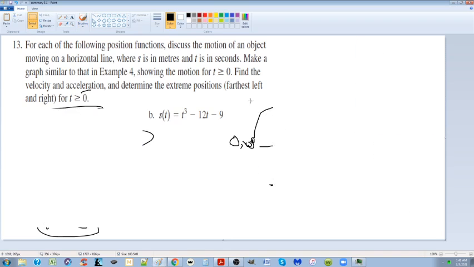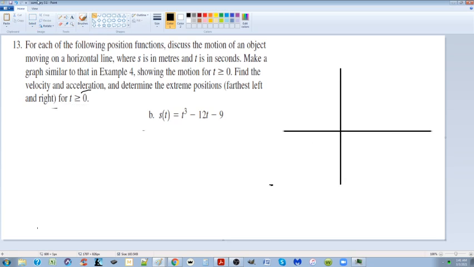Okay, so this one's a cubic. It's upwards facing. At 0, minus 9. You could take one measurement to the right to figure out if it's going up or down if you wanted.